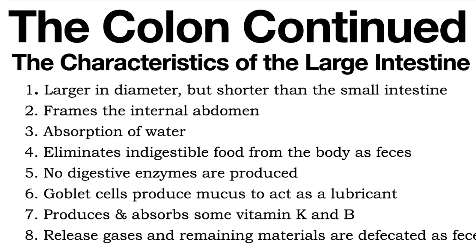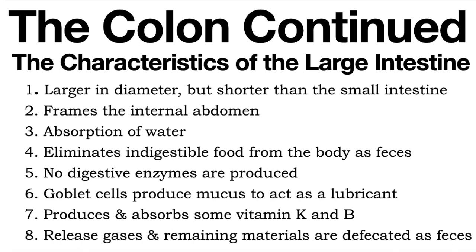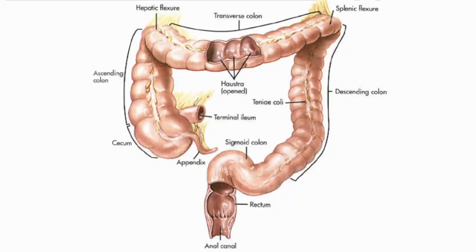The large intestine also produces and absorbs vitamin K and vitamin B, and it's going to release a lot of gas, and it's also going to release any remaining materials and gases when one defecates the feces. Okay, so you can see the cecum, the appendix, the ascending, transverse, and descending colons, the sigmoid colon, and the rectum and anal canal.